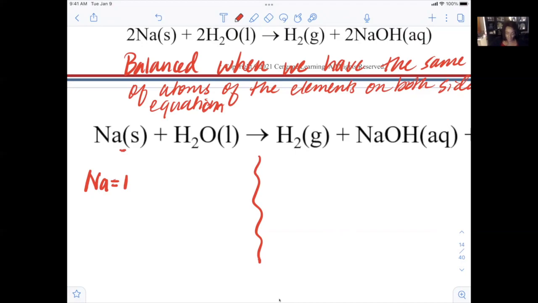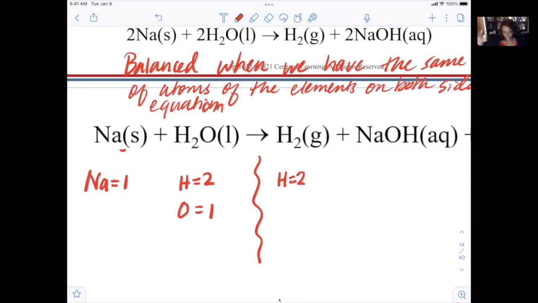In this next formula, I have H2O. H2O is a compound. In that compound, I have both hydrogen and oxygen. I have two hydrogens and I have one oxygen, okay? On the right side, I have a hydrogen molecule that contains only hydrogen. In my formula, I just have two hydrogens.